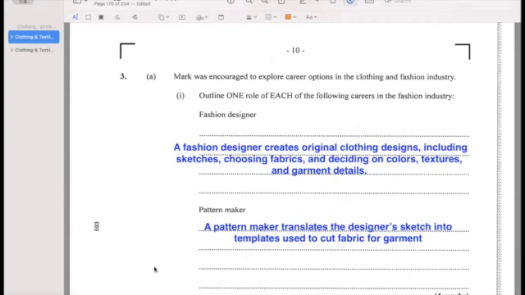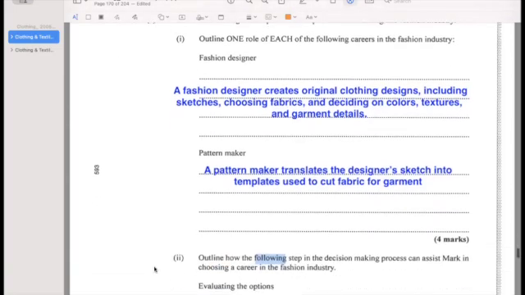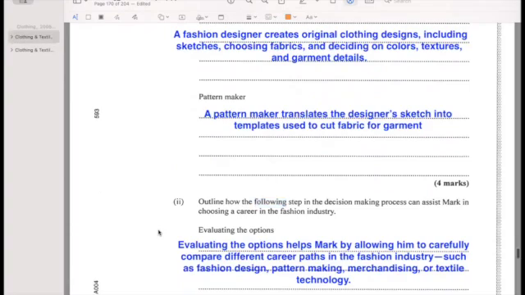So a fashion designer creates original clothing designs, including sketches, choosing fabrics, and deciding on colors, textures, and garment details. Next, pattern maker. A pattern maker translates the design sketches into templates used to cut fabric for a garment.